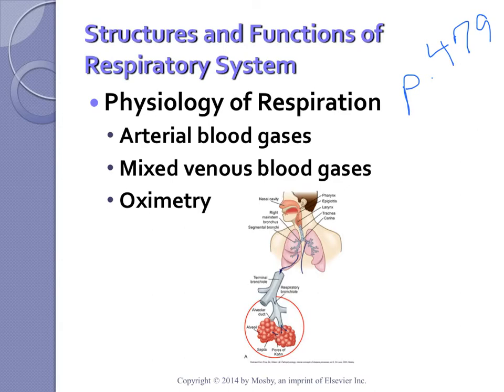There is a table, 26-1, that goes over above sea level, 1 mile above sea level. You guys don't really need to know that. You just need to know that it is normal to see a difference in the PaO2 level with advanced age and higher altitudes.